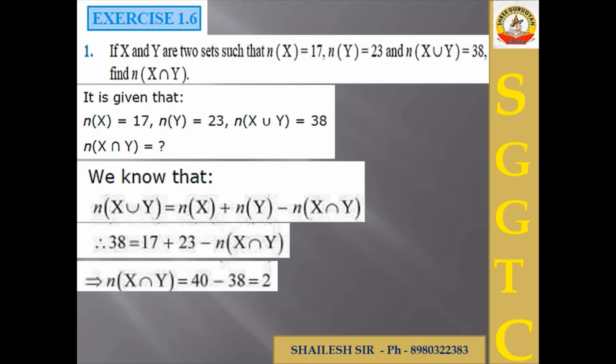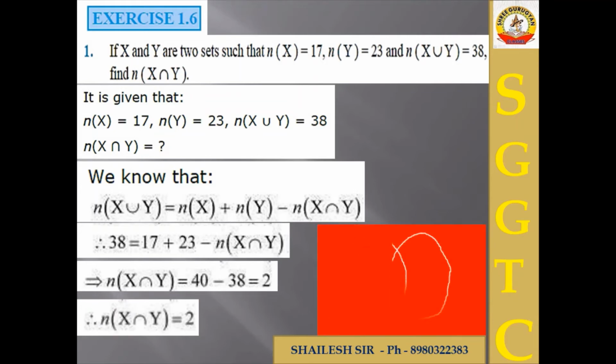Yes students, this 2 indicates only and only the common region between x and y, and I show it in this Venn diagram: N of x intersection y is equal to only 2. Look at the red portion, our set x and set y are shown in this drawing, with 2 as the common region for both sets x and y.